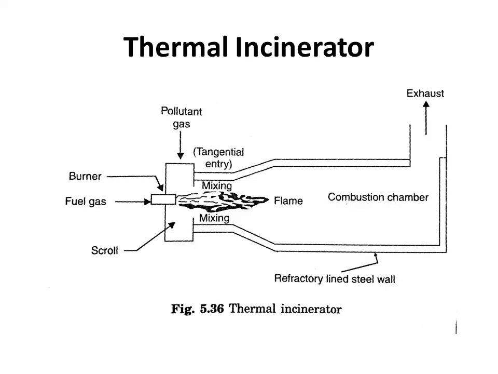The gas stream is kept at this elevated temperature long enough to allow complete combustion. The gas stream is introduced in such a geometry and at a velocity that promote turbulence and thorough mixing of the fuel. This type of incinerator requires little maintenance.